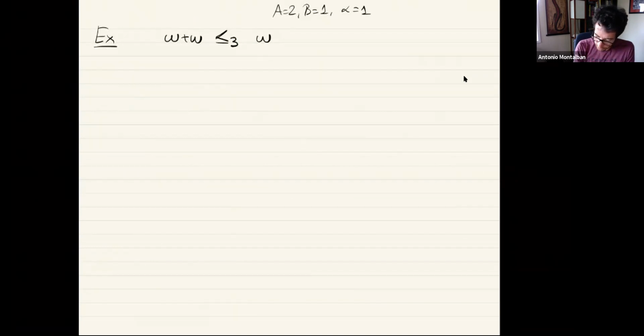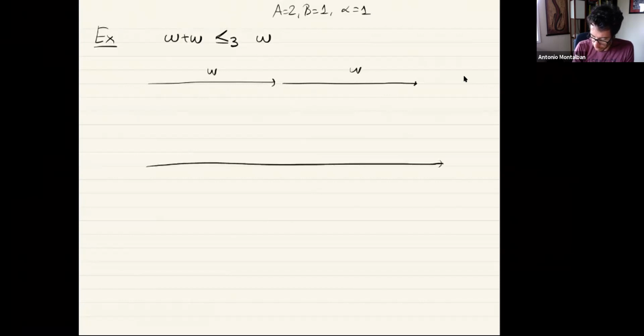So we have omega plus omega. And here we have omega. And we want to show this is less than or equal to 3. Okay, so we're going to start by taking a tuple here. Let's call it B0, B1, B2.